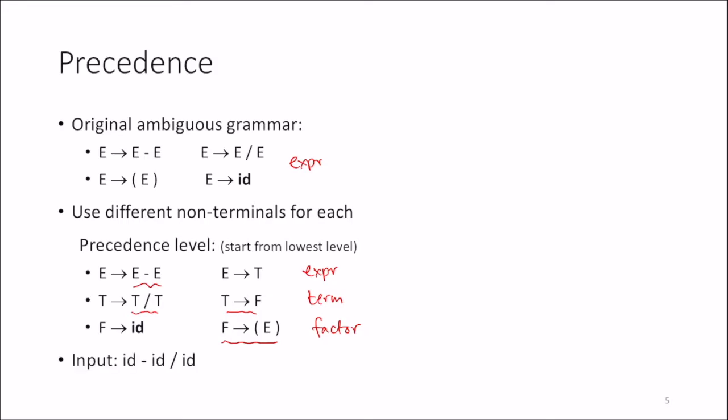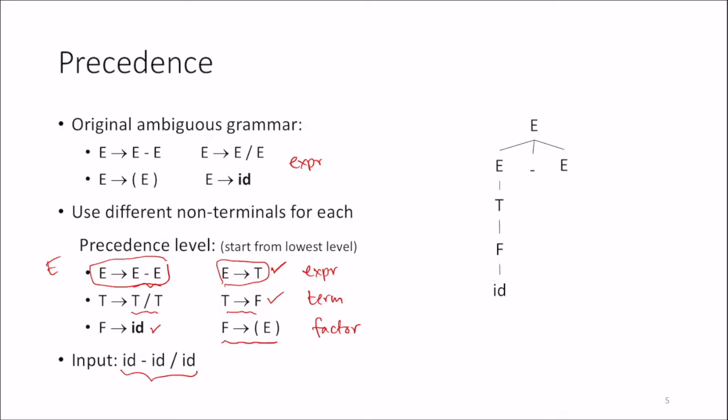so it occurs higher up in the tree. So if you look at this input now, id minus id divided by id, I start from the start symbol, which is E, and then I have to expand E. So I can either choose E goes to T or E goes to E minus E. So I can choose E goes to E minus E first, because otherwise I can't get the subtraction operator at all. And then I expand the E goes to T, so I chose this one. And then I choose this one, T goes to F, and then I choose F goes to id.